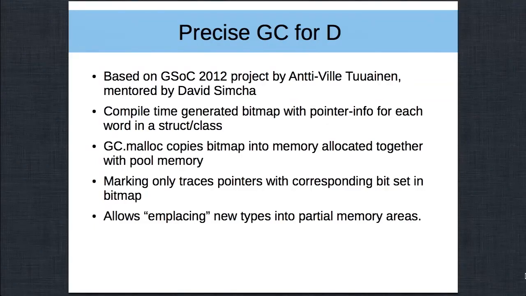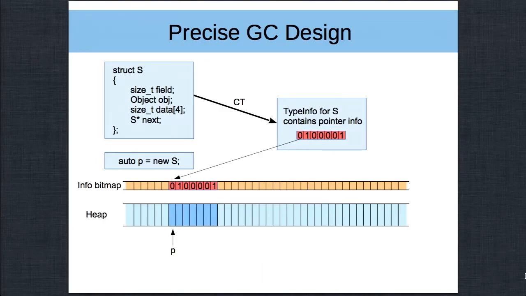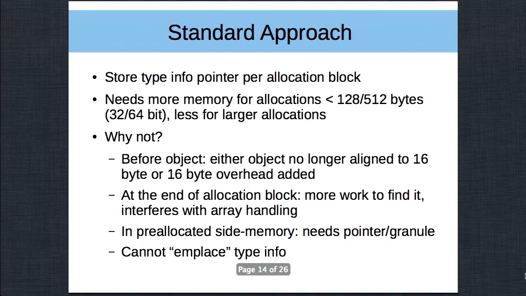That is, if we would like, for example, to make a standard in-place construction on the start part here, we could, in general, change these bits only here to reflect that there are references now inside this area. In contrast, there's also another standard approach that stores a pointer for each allocation block.